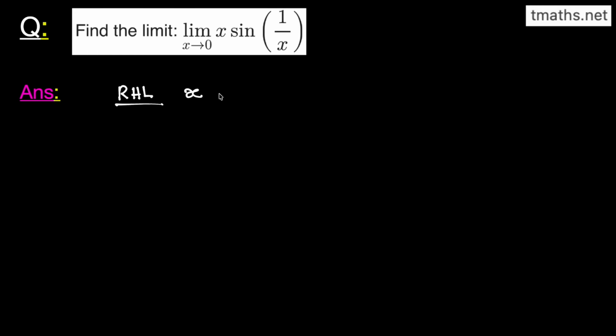That is x tends to 0 plus. 0 plus meaning here we are assuming x is greater than 0 because we are approaching from the right side of 0. Now we know that sine of 1 by x lies between -1 and 1.